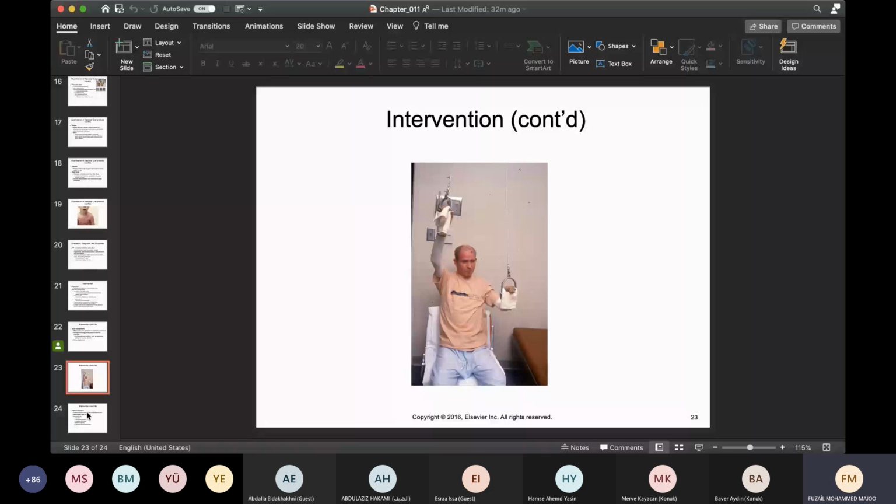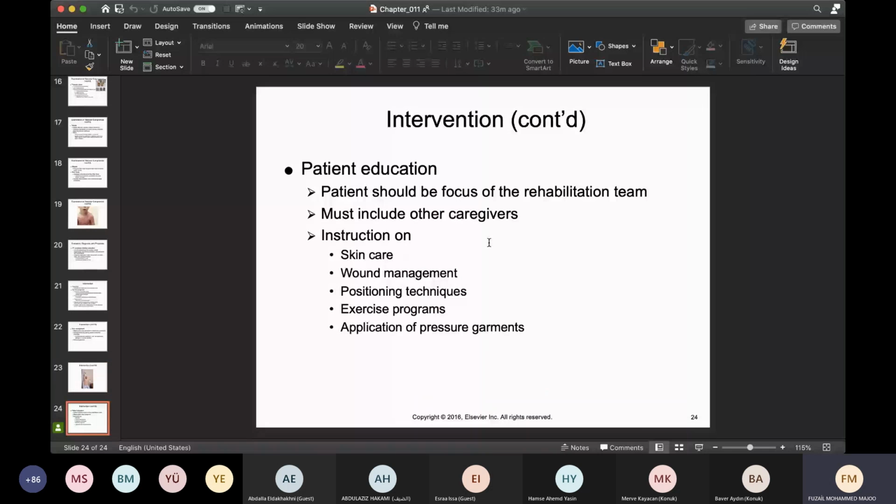The last thing that's over here that's very important is patient education. So patient education should be focused on, actually, no, it's something that the entire team should be focused on. Right? You have to include the caregivers of that individual as well. What do you teach them about?